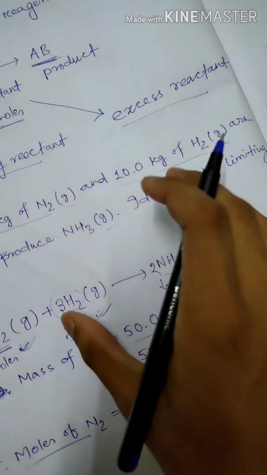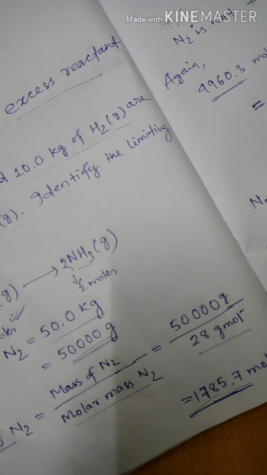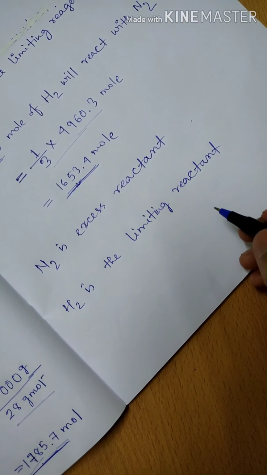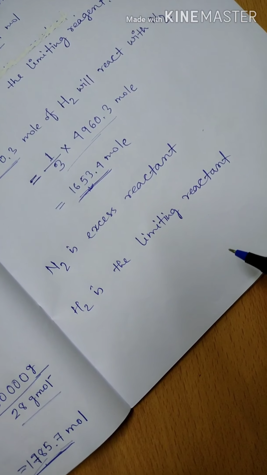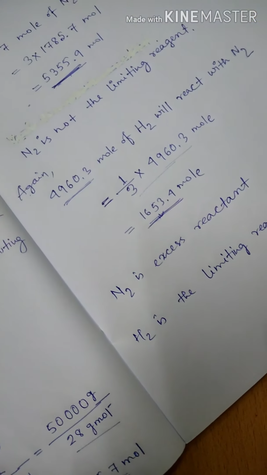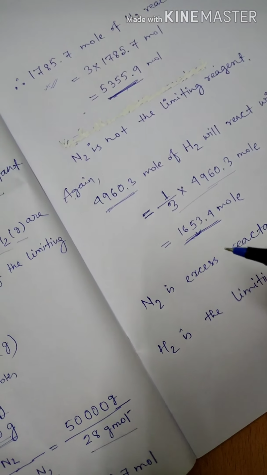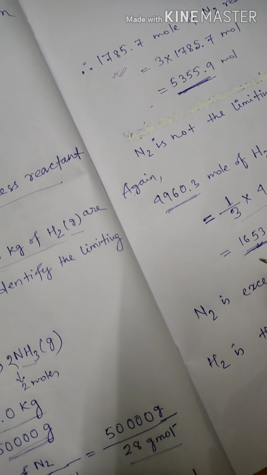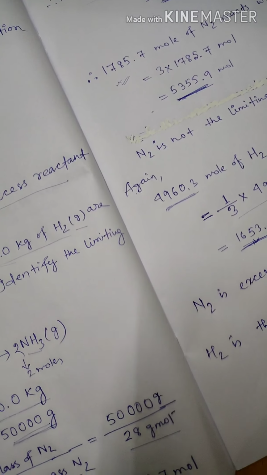So in this reaction H2 is the limiting reactant or limiting reagent, okay. You can identify the limiting reagent of any reaction using this method.